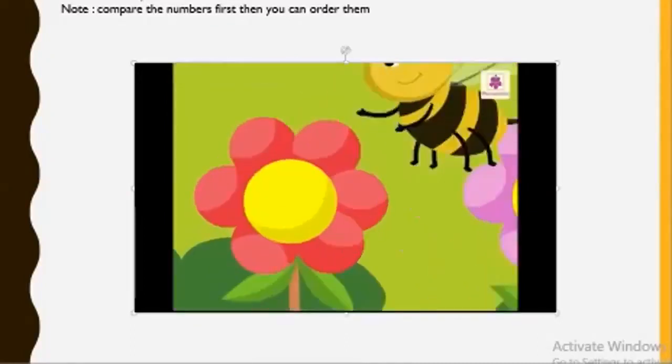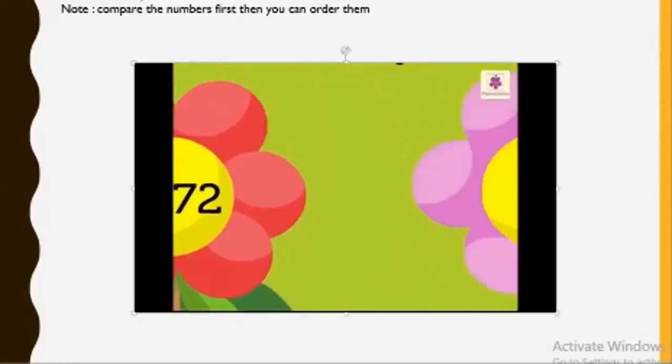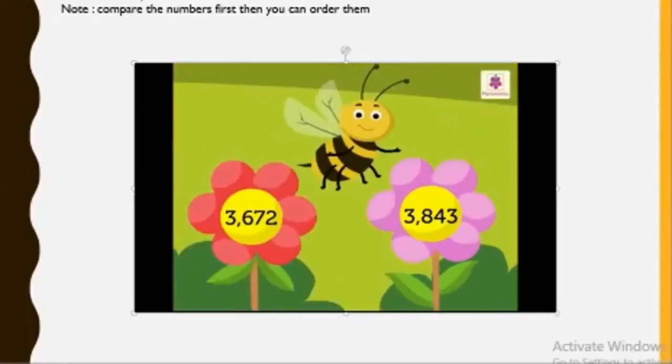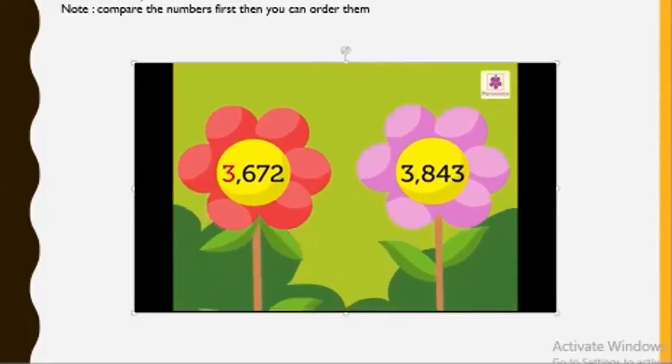Look at the numbers 3,672 and 3,843 on the flowers. We begin by comparing the digits in the thousands place, that is 3 and 3. The digits are the same here. So now we compare the digits in the hundreds place, that is 6 and 8.